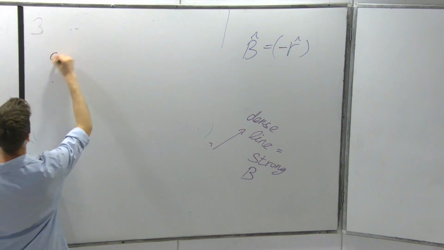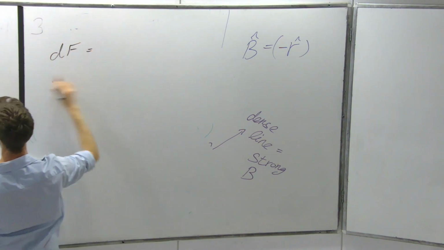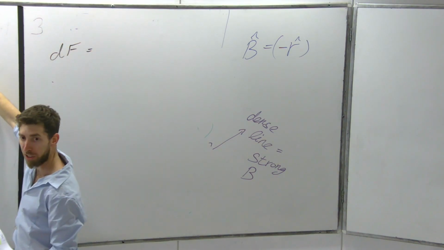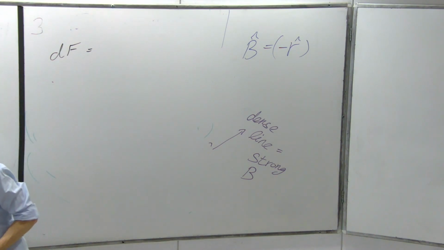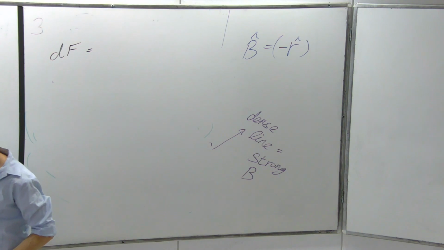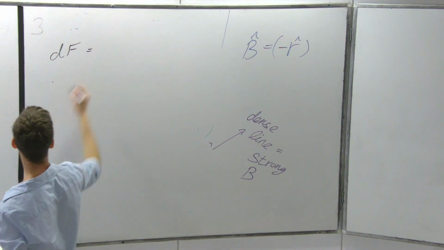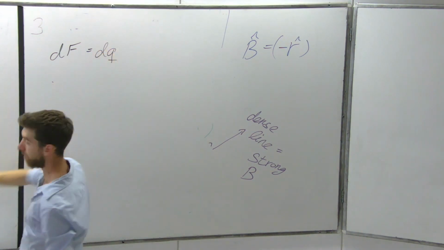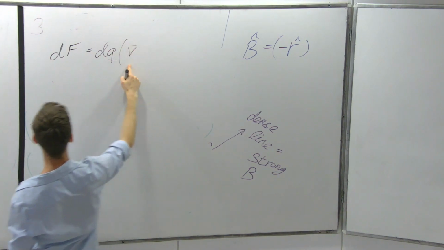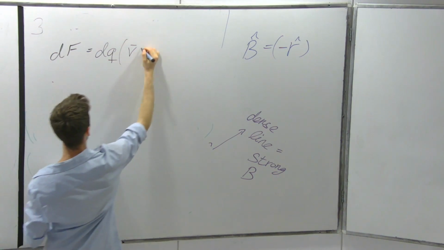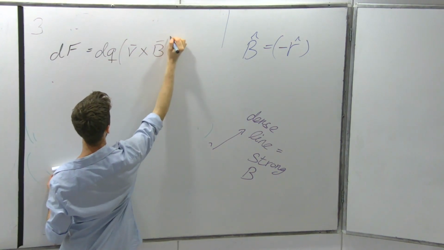So dF is equal to how much charge I have on this particular wire. This is a differential of F, so you have dF equal to dQ, right? It's a small amount of charge on this part. The velocity of this charge, right? Cross B, right? The vector.